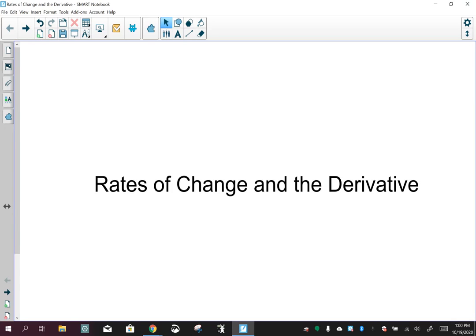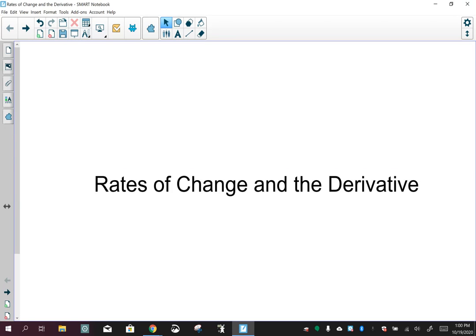What we're going to do here is look at a variety of different functions, come up with a tangent line equation based off of specific points, and then find the slope of that tangent line for any point on the function we're looking at.